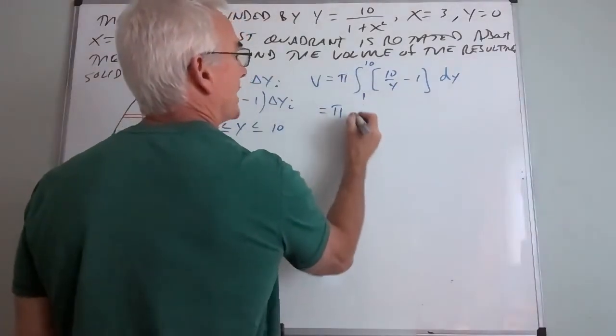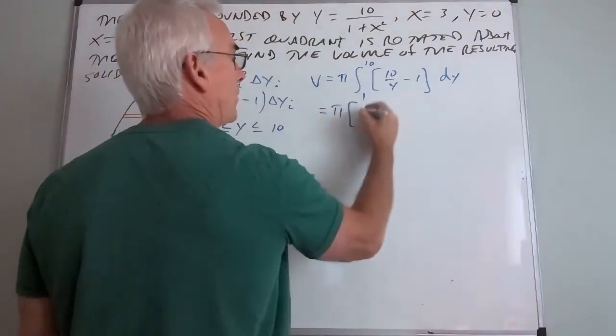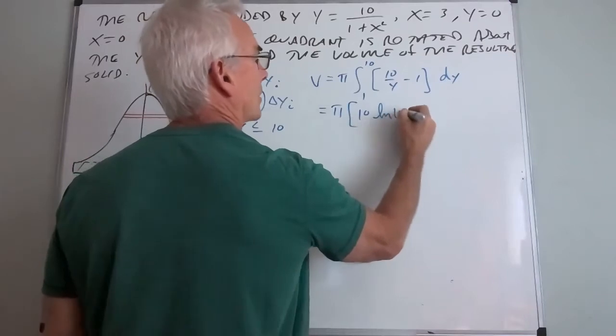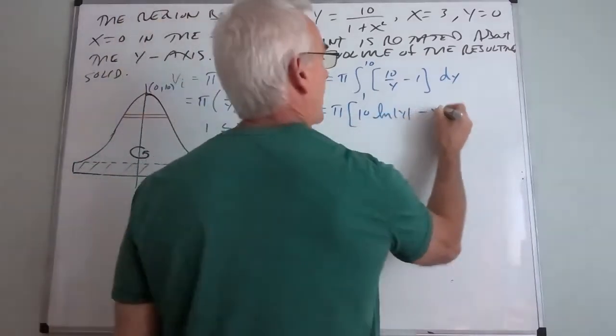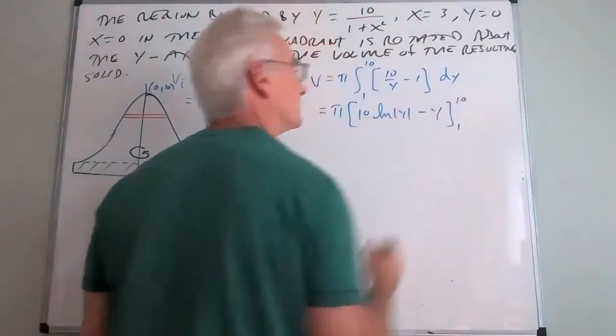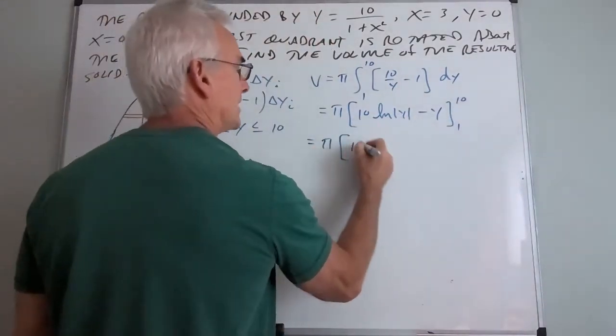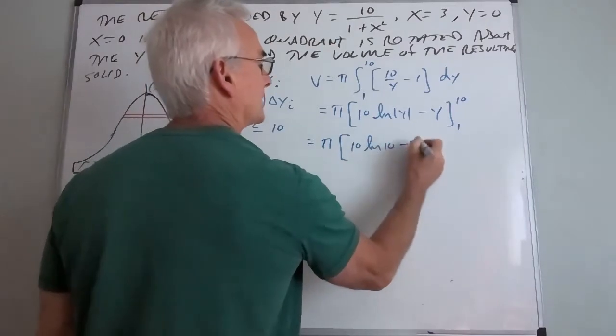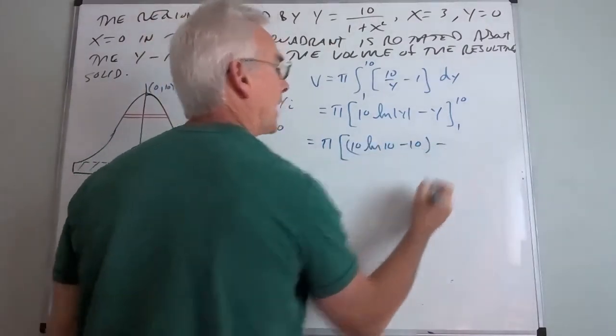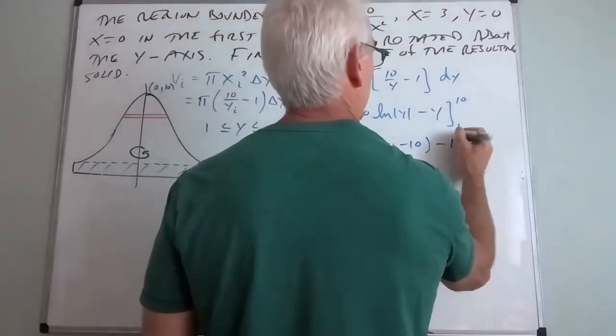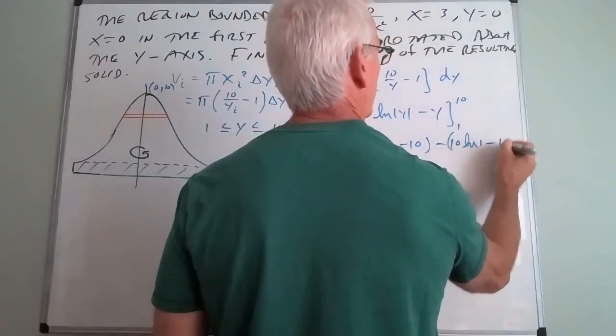This gives us pi times 10 natural log of the absolute value of y minus y from 1 to 10. That's pi times 10 log 10 minus 10, minus 10 log 1 minus 1.